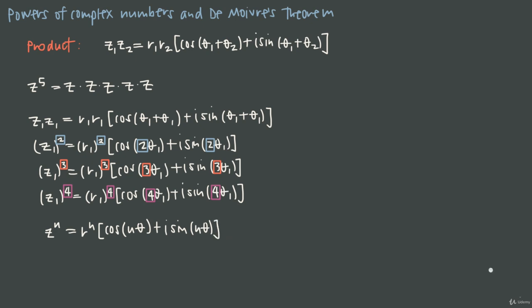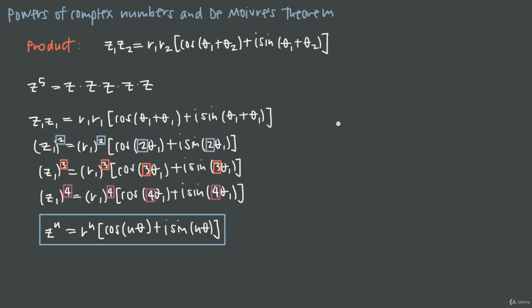And this right here, this formula right here, is what we call De Moivre's theorem. And I'm going to say that wrong because it's French, but we'll go with De Moivre's theorem. So this is the theorem that De Moivre came up with, and it basically gives us a formula to find any power of a complex number.